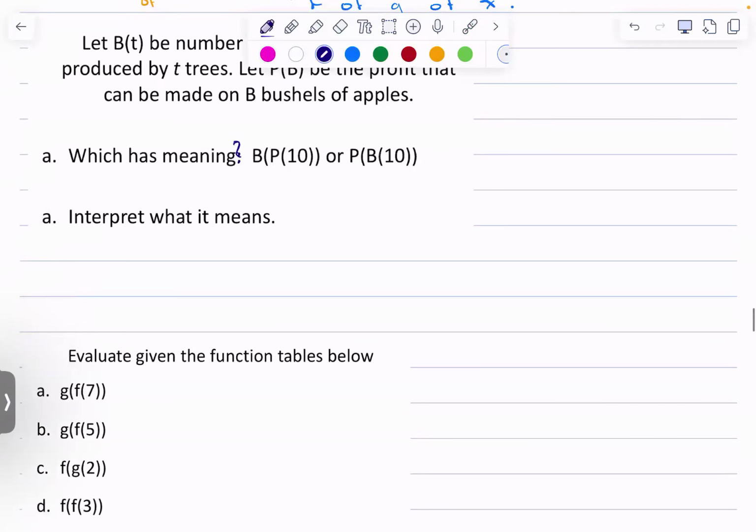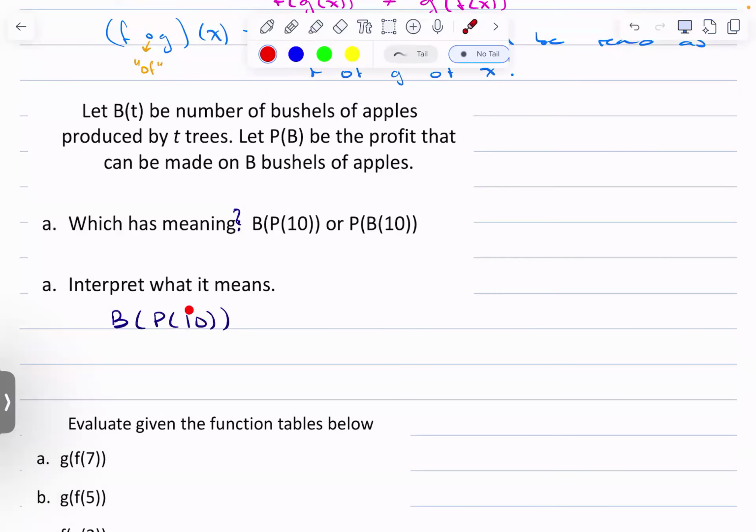because that'll help me identify which one makes sense and which one doesn't. B of P of 10, what you want to do is start with the inside function, right? If the inside function is P, that's the profit at B bushels, so 10 bushels. So now you have the profit at 10 bushels of apples, and you're trying to figure out the number of bushels of apples from the profit of 10 trees.